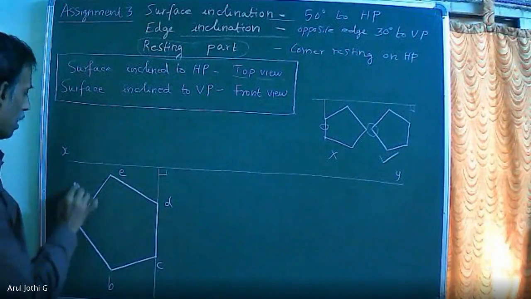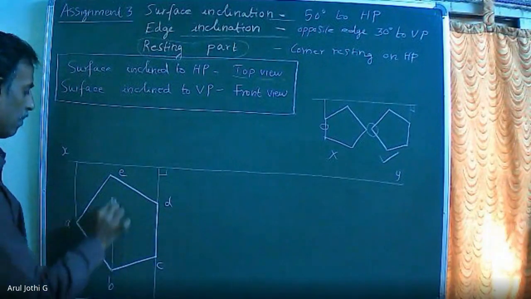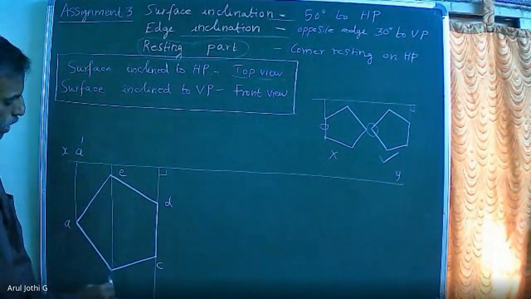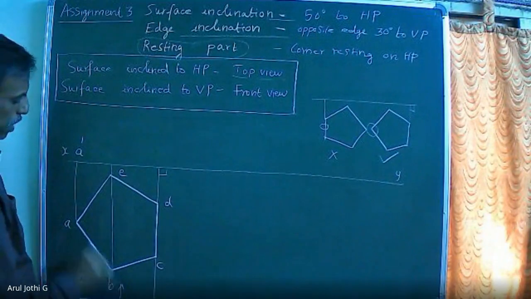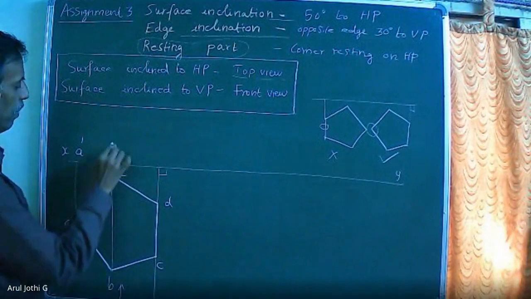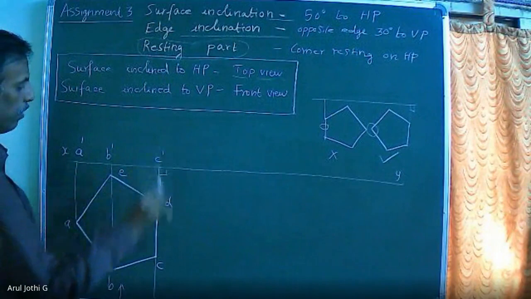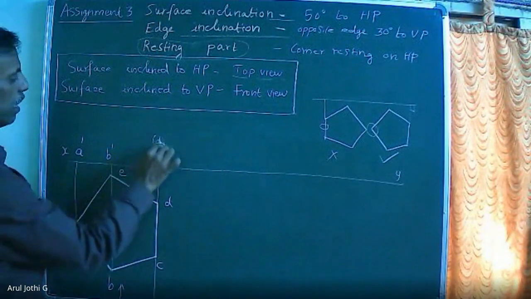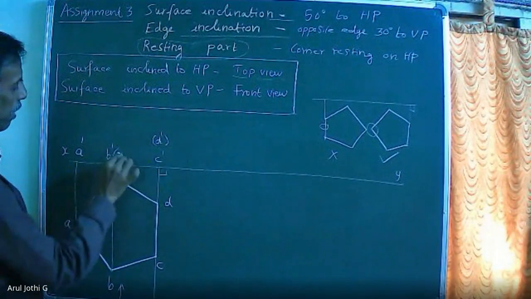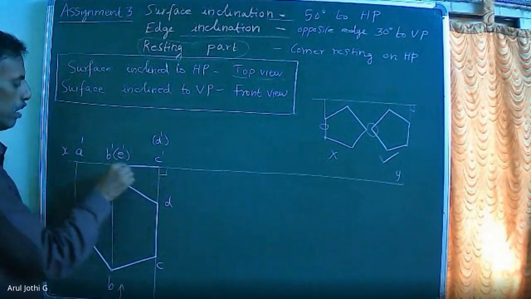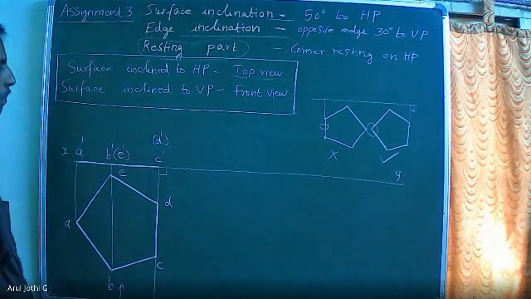Now draw the projector lines. When you look at the front view here, A, B, C are available at the front. So B will be visible, C will be visible. Corner D will not be visible. Similarly, E will not be visible. This is the initial top view.